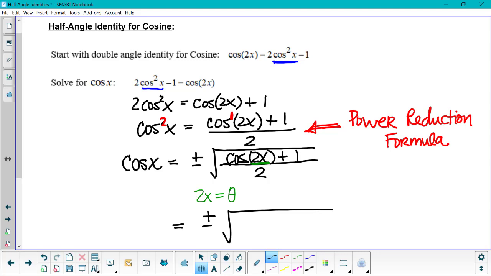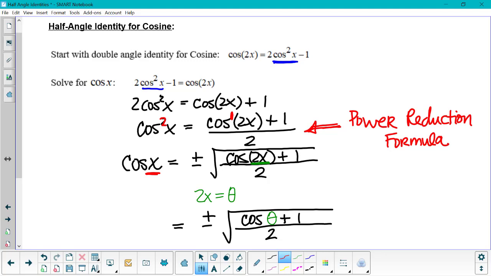So I could then rewrite the right-hand side in terms of an angle theta. We're just saying there's some angle theta that's twice another angle x. So it still represents an angle. I could rewrite that as the square root of the cosine of theta plus 1 divided by 2. But then I have to replace this x over here on the left.